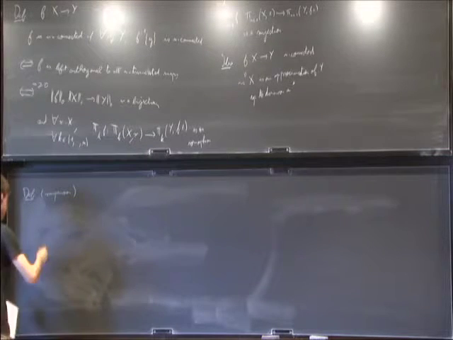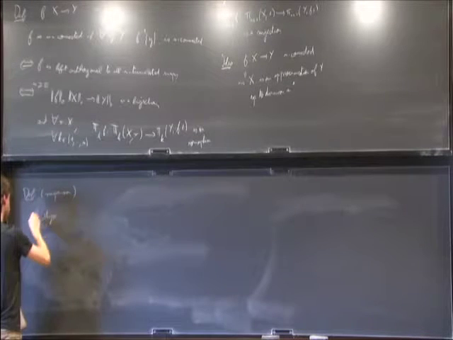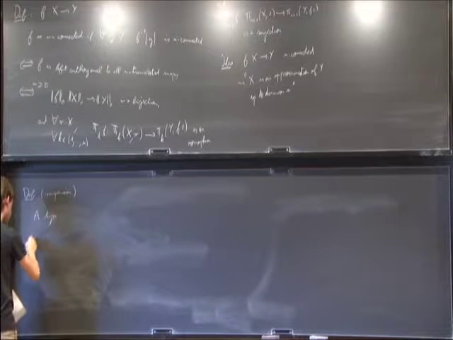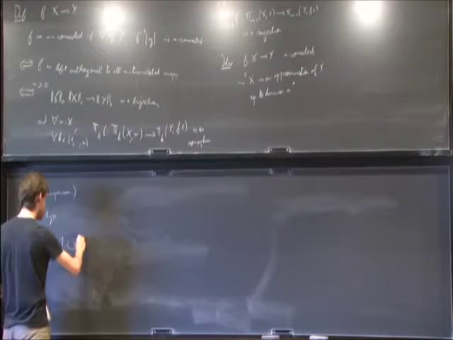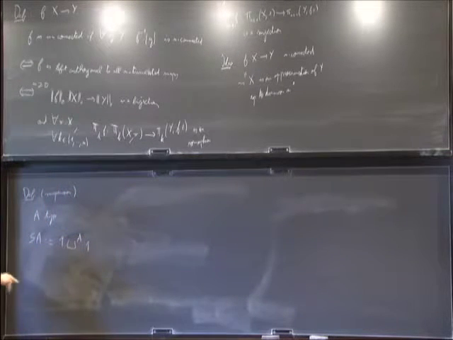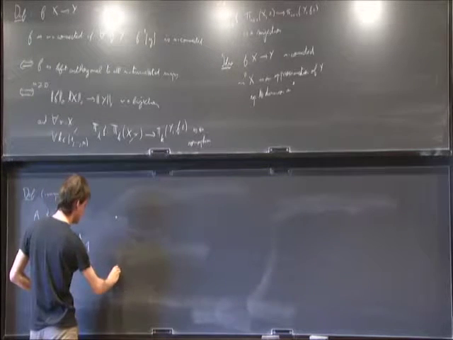So the suspension of a space, if you have a type A, the suspension of A is defined to be the following push-out. You have 1, 1, and A in the middle. So this is the usual suspension.